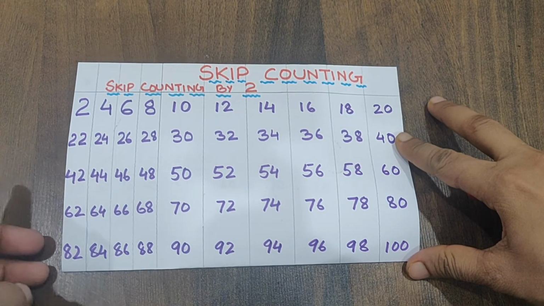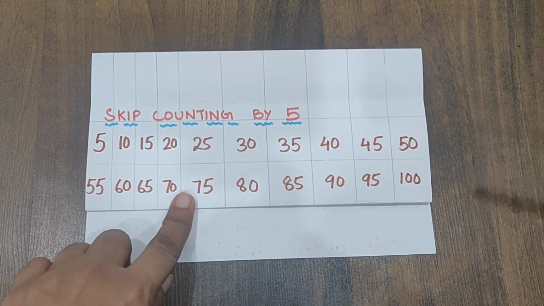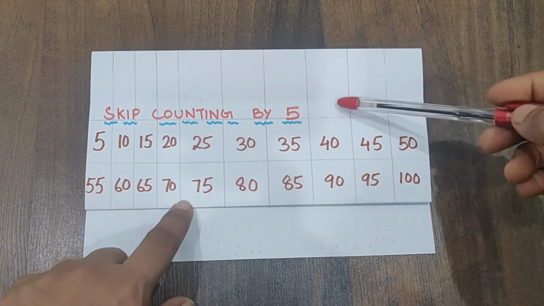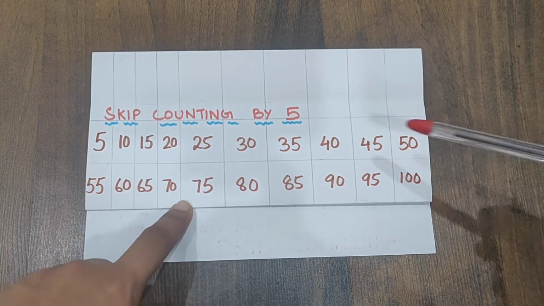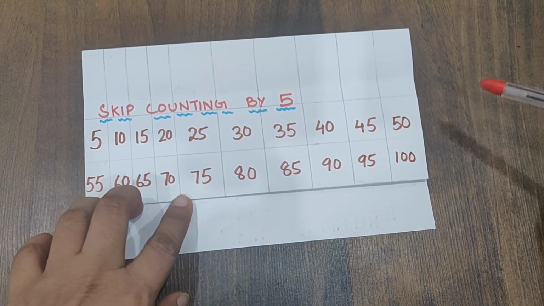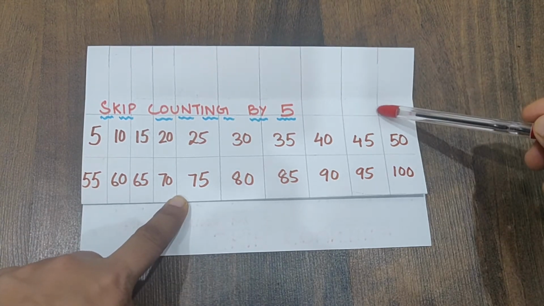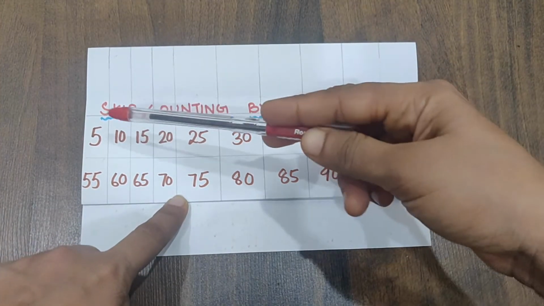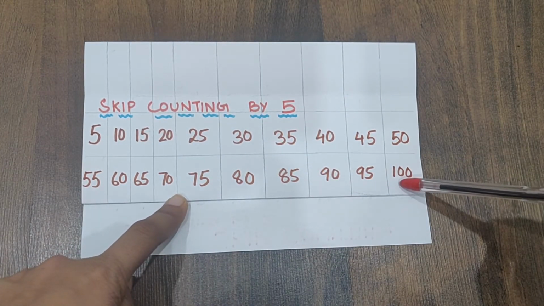And now moving on to skip counting by 5. You can see over here I have mentioned skip counting by 5. So generally kids are asked, or rather there are sums, problems, mathematics questions whereby they are supposed to solve the problems by skip counting. You can see I have again started from 5 and ended at 100.